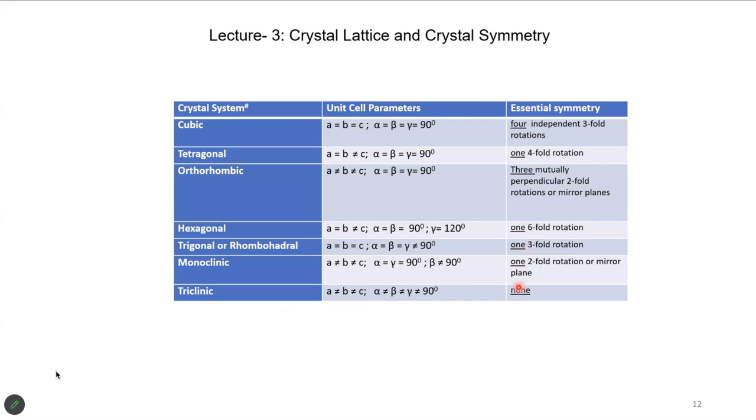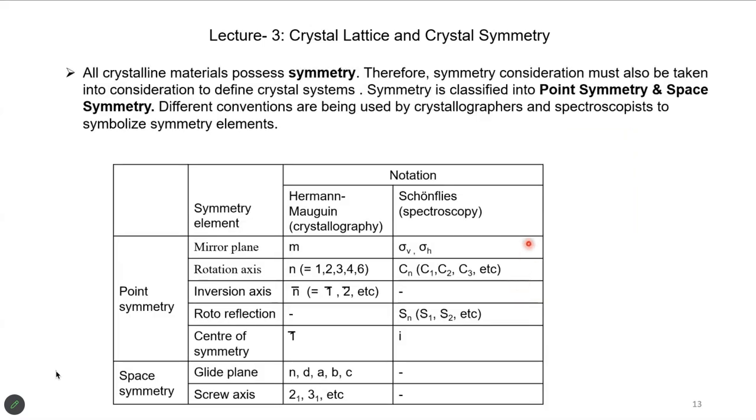Now we go to the next slide and we talk about point symmetry and space symmetry. These are very important for crystalline materials. So all crystalline materials possess symmetry. We have seen now that we have to deal with symmetry for crystalline materials to study their structure. Spectroscopists and crystallographers have different notation for symmetry.